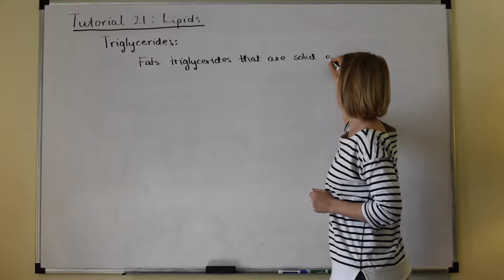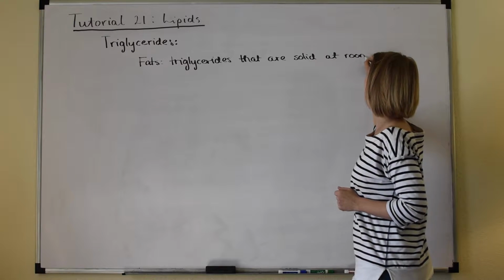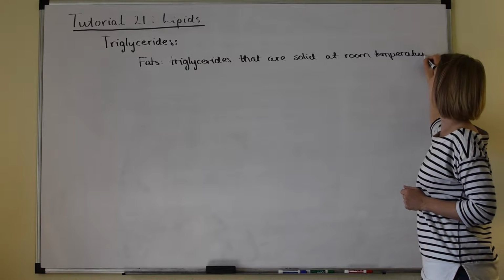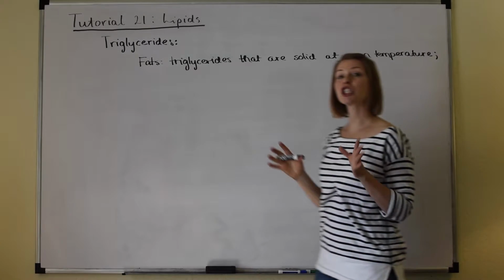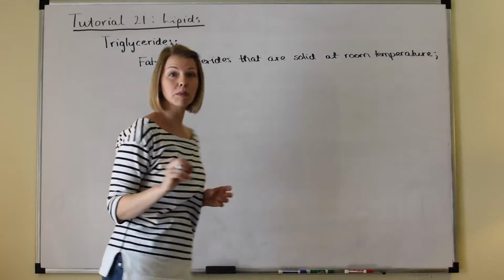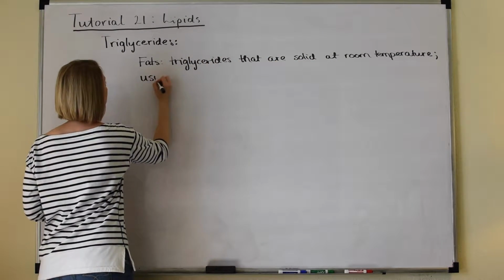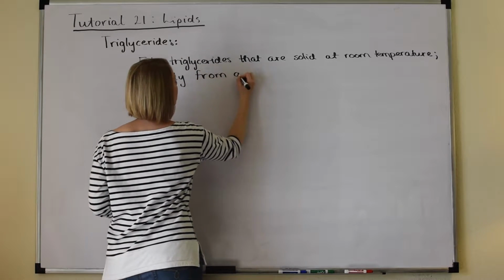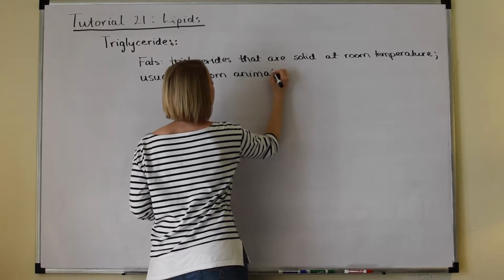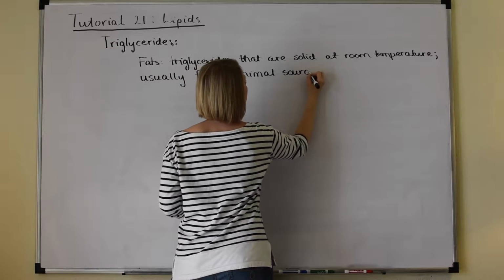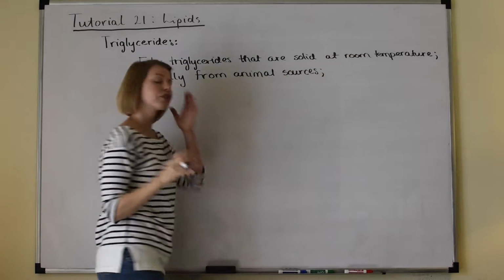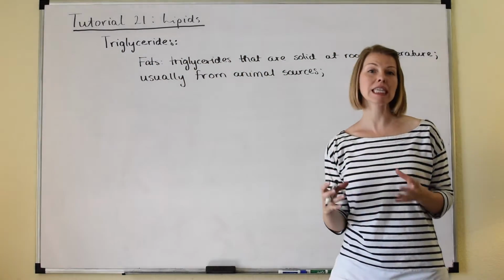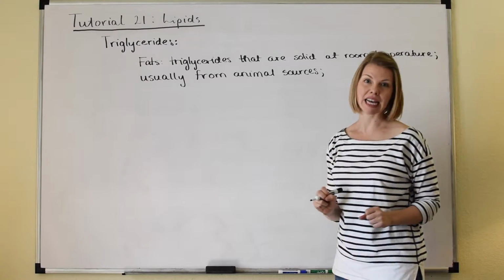And fats usually come from animal sources. And they're solid at room temperature because they contain mostly saturated fatty acid chains.